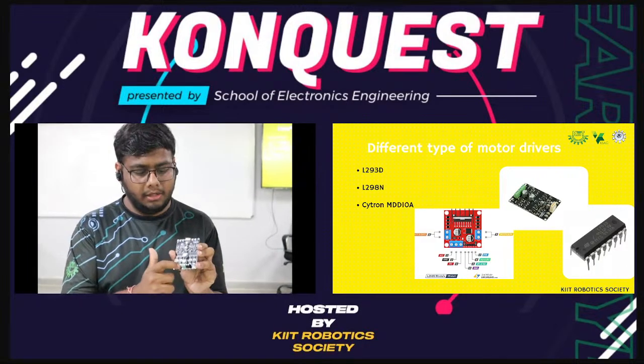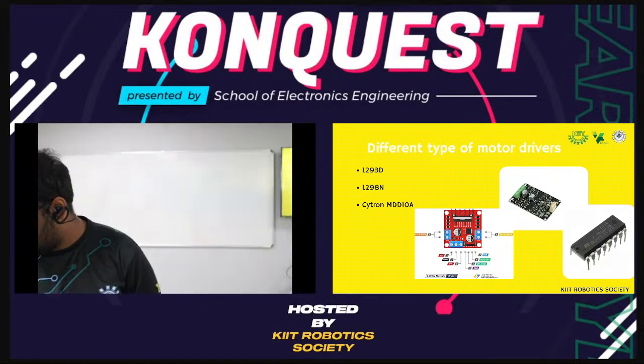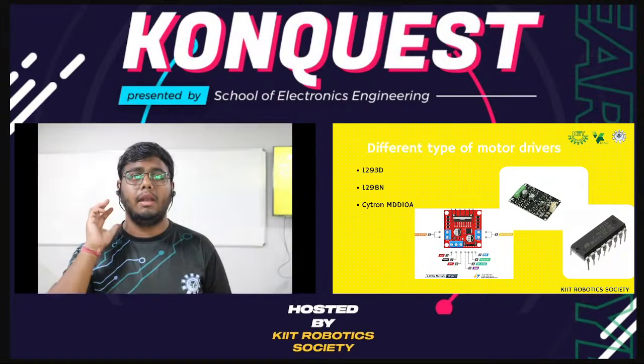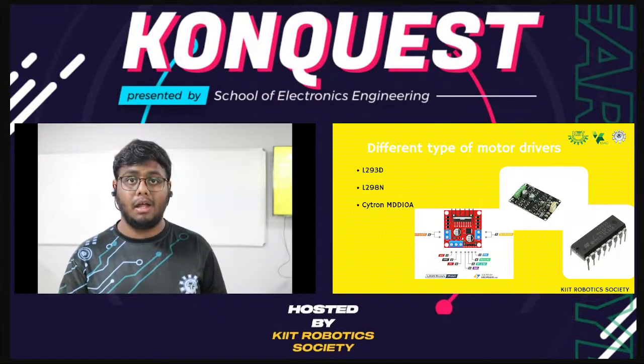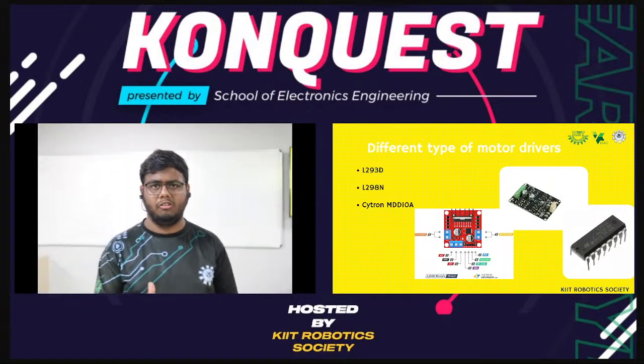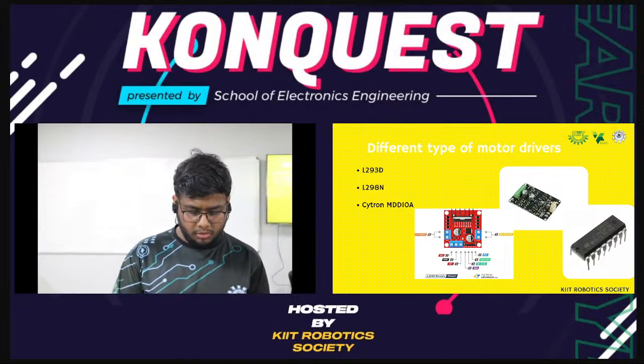This one is a broken one. From these two parts you can get a max output of 10 amps, and even 30 amps, but for a very short duration of time. But yes, 10 amps is sufficient for us, so we go with this.